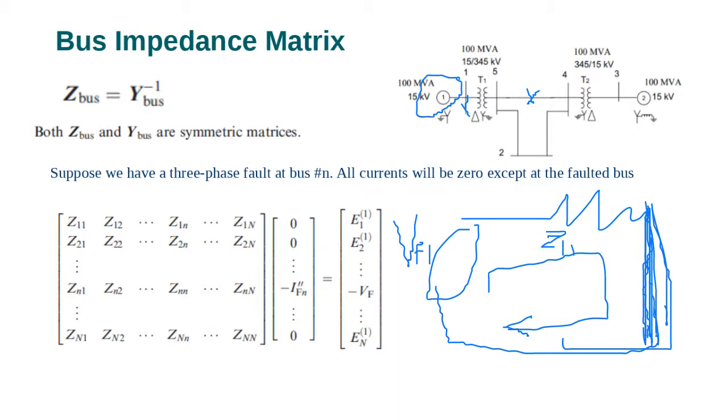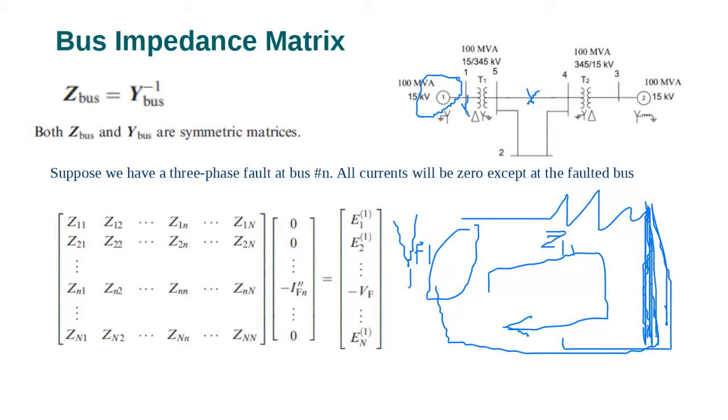We run load flow and find the voltages at each bus. So we know the base case before the fault. We run load flow, and then we know the voltages at the buses from the load flow. All these voltages can be recorded, 0.95, 1.05, 1.99, etc. So you put it here.